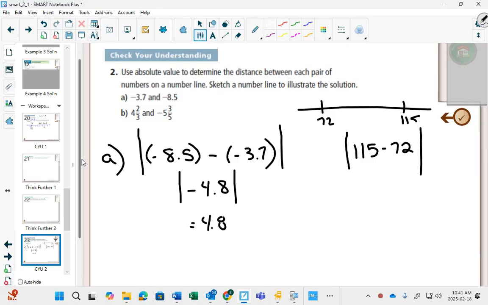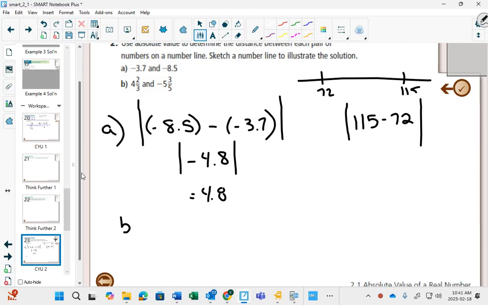But B is really good to practice our fraction stuff. So, if you had 4 2/3, and you wanted to subtract negative 5 3/5. Generally, in higher level pre-calculus, we don't like working with mixed fractions. We work a lot more with improper fractions.